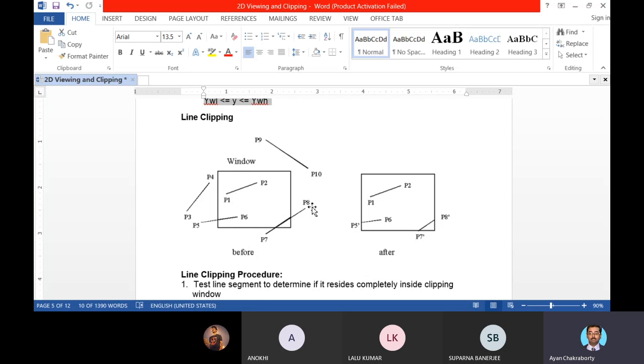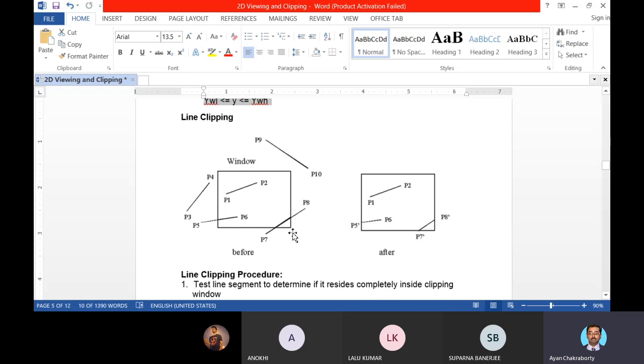So this straight line P7 P8 is not completely invisible to the viewer like P9 and P10. A little portion of this straight line will be visible, which is inside the window frame, as you can see here in the after image.